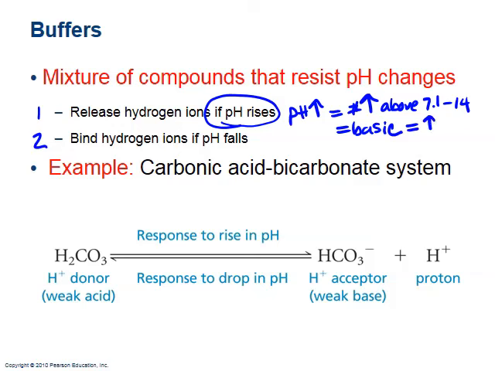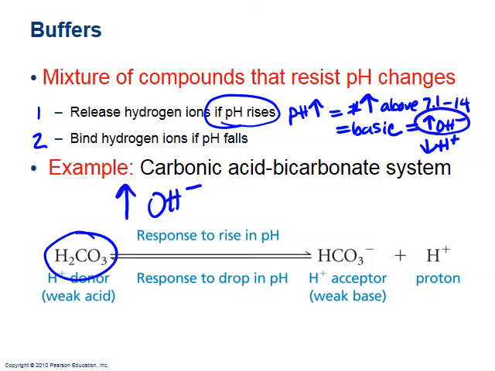It means you have lots of OH ions being released. And if you have lots of OH ions being released, that means you have less hydrogens being released. So the pH is rising. If the pH is rising, we're saying we have tons of these, right?